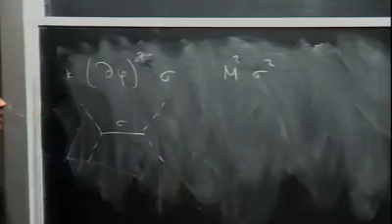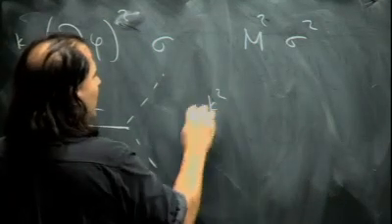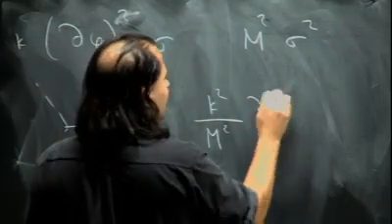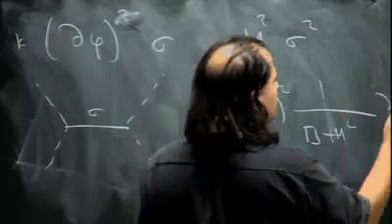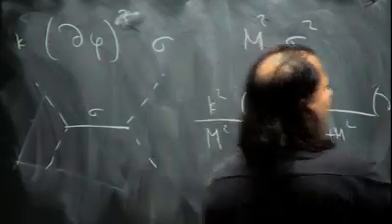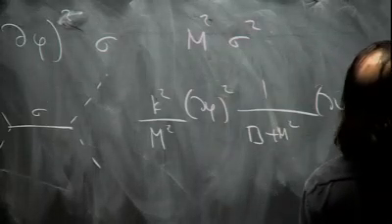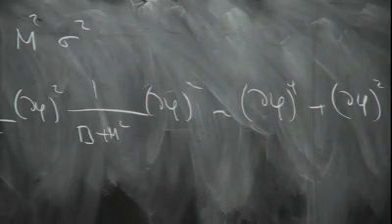Here's sigma. And that's generating my higher dimension operator. So I have kappa squared over m squared, and then I would have dφ squared, 1 over box plus m squared, dφ squared. If I expand this out, this would be dφ to the fourth plus dφ squared box dφ squared plus ... Okay?